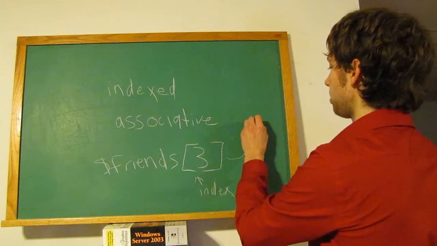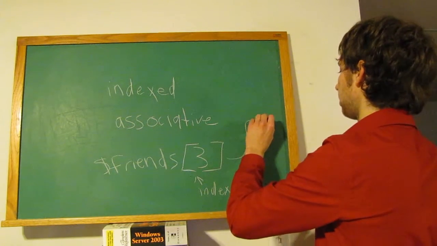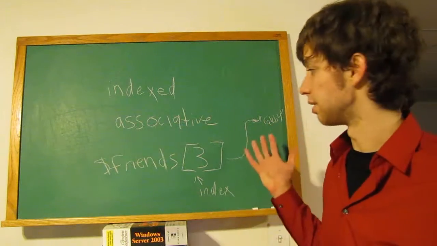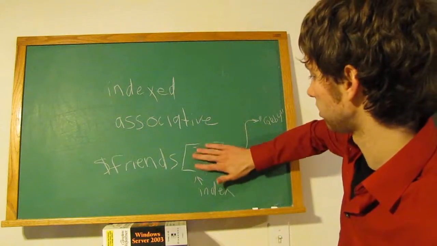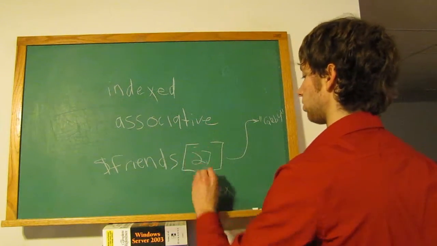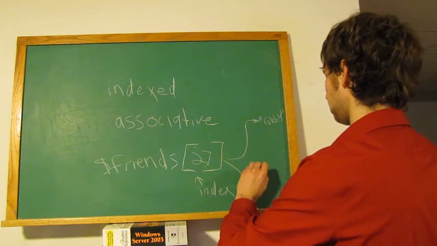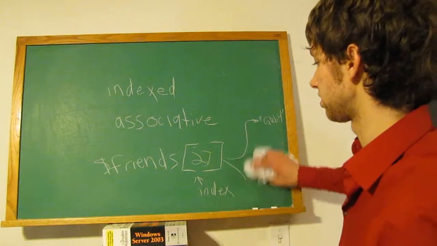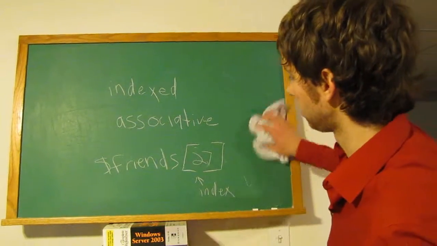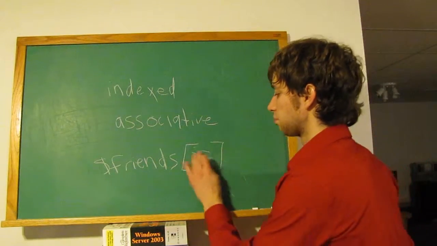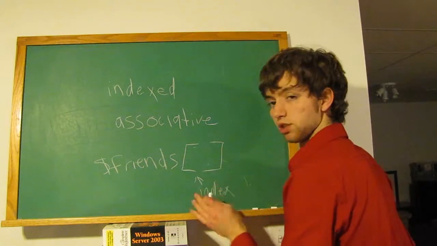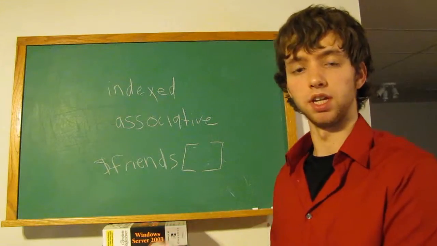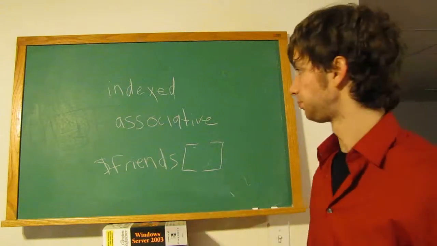So, for example, this may point to Caleb 4, just as an example. Now, if we change this number to, say, friends 27, it may point to Caleb 28. That's just an example of an indexed array. Any number we put within this box is known as the index, and it points to a specific item within that array.